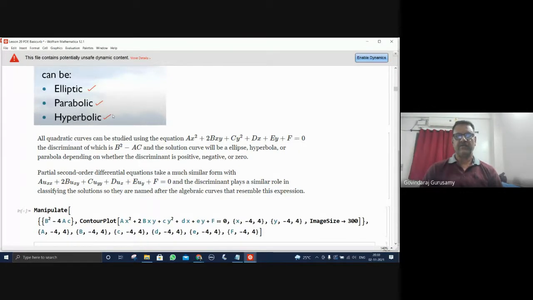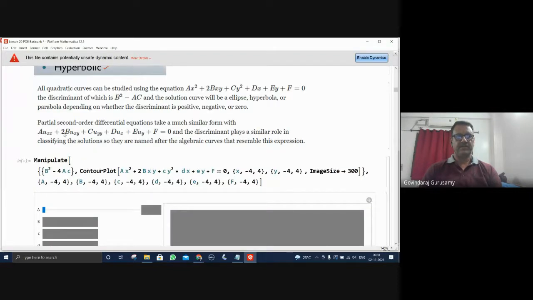And what we come across is a special type, ax² + bx + c. Now with this, you have b² − 4ac, and depending on this magnitude, it will be classified as ellipse, hyperbola, or parabola.